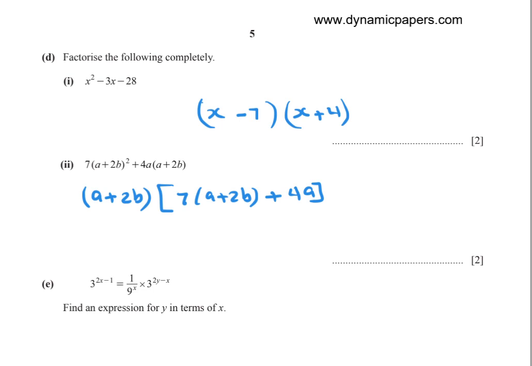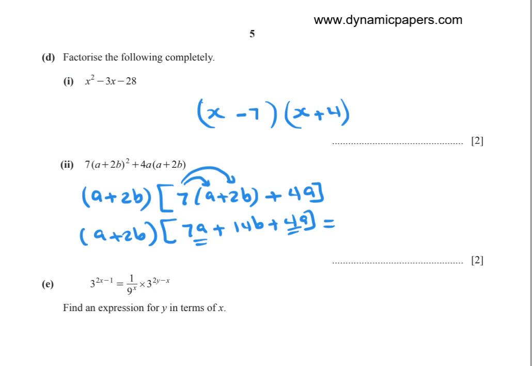To simplify completely, you need to simplify this bracket. 7 times a, 7a, 7 times 2b is 14b, plus 4a, times (a plus 2b). We can combine the like terms in this one. So the first bracket we cannot simplify more, a plus 2b, and the second bracket 7a plus 4a, 11a plus 14b.